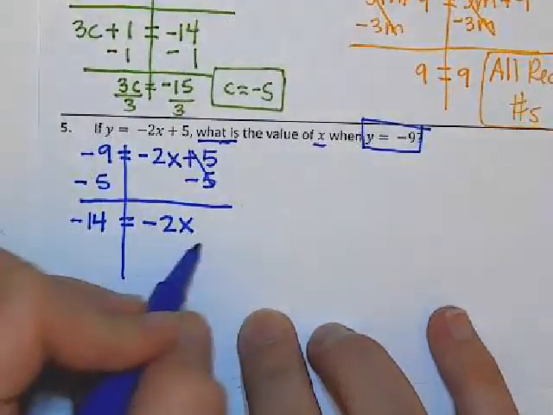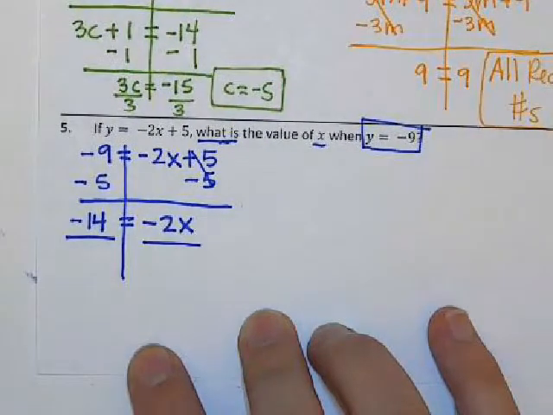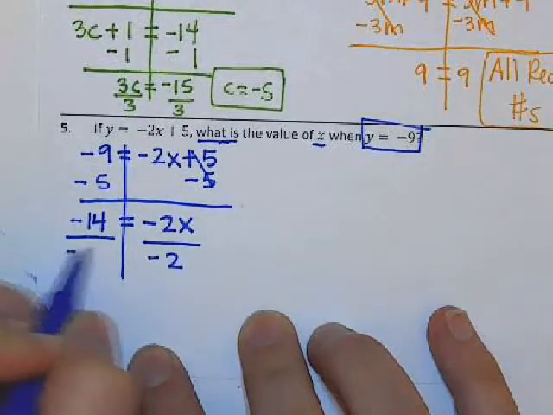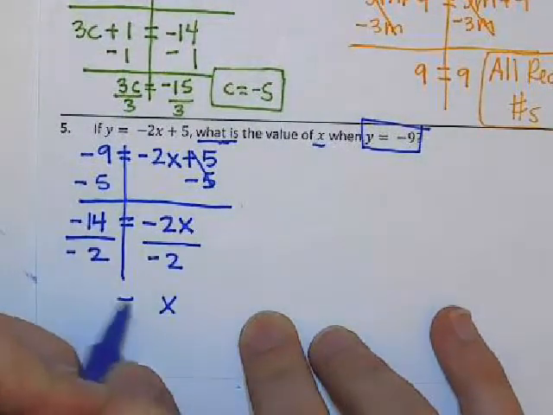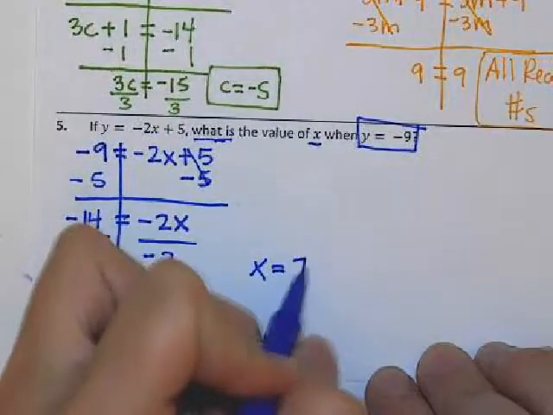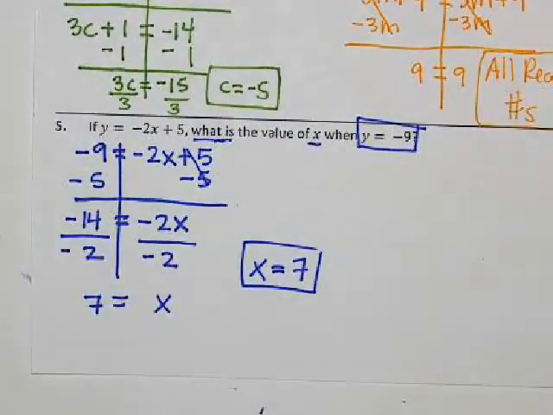Then these are being multiplied, so I need to divide. What number am I trying to get rid of? The negative 2. So x equals 7. Any questions? How are we feeling? Good. Okay.